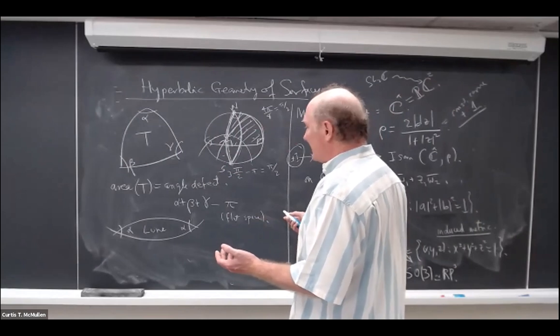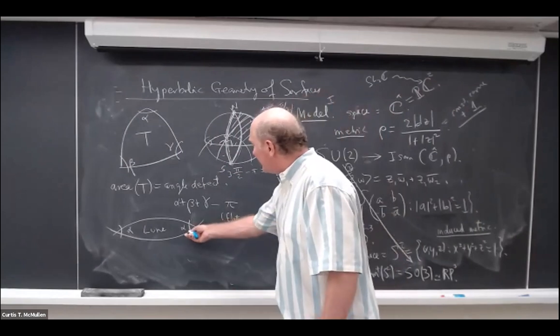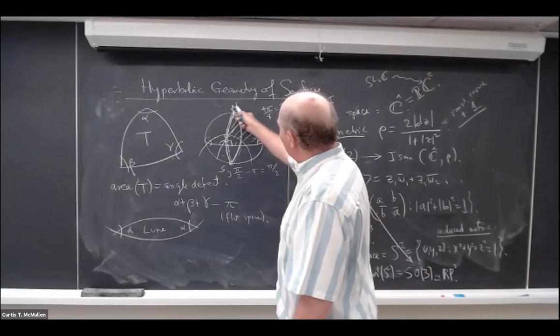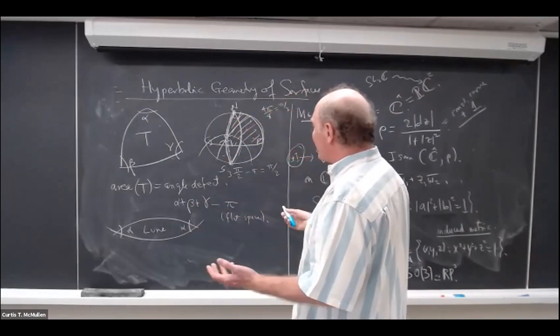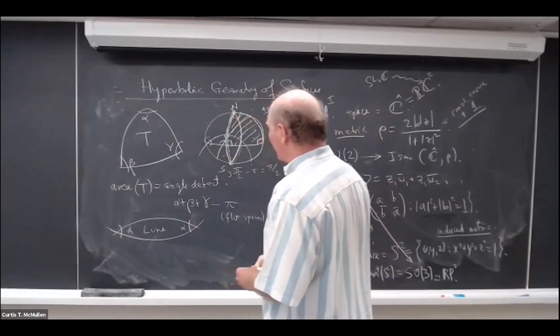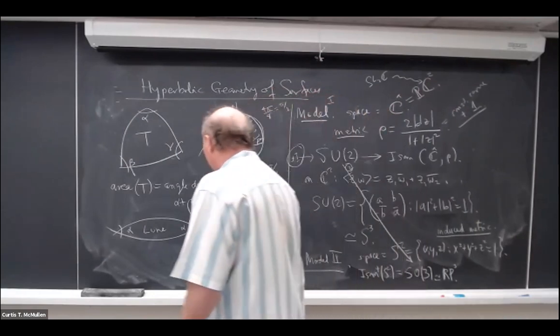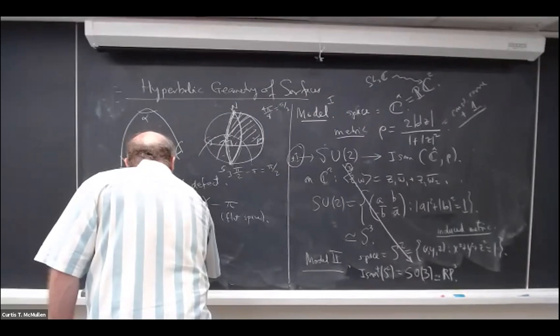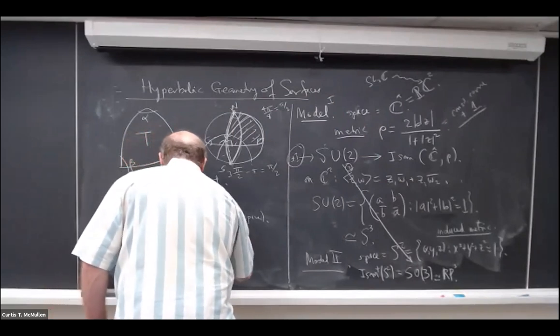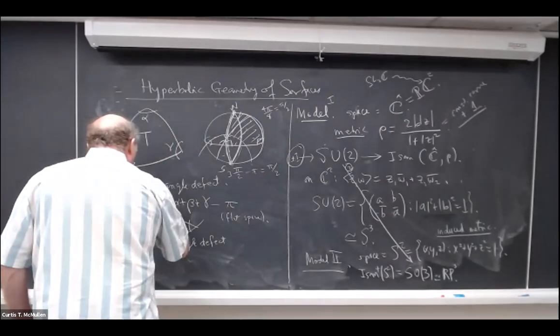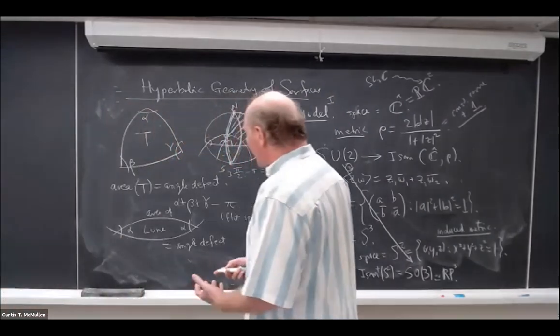Well, it's pretty easy to figure out what it should be, because a lune where alpha is 2 pi would just be the whole sphere. So it has to be something that comes out to be 4 pi for the whole sphere. In fact, the area of a lune is equal to its angle defect. Now, what's the angle defect?